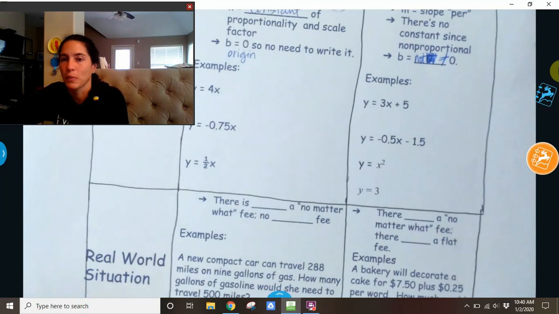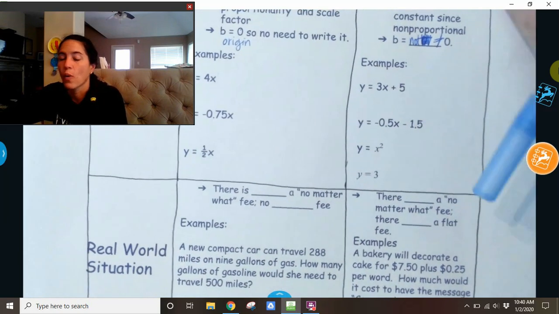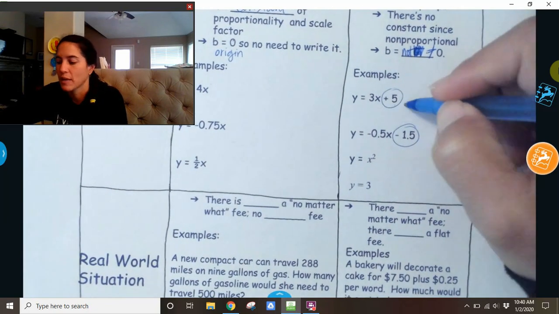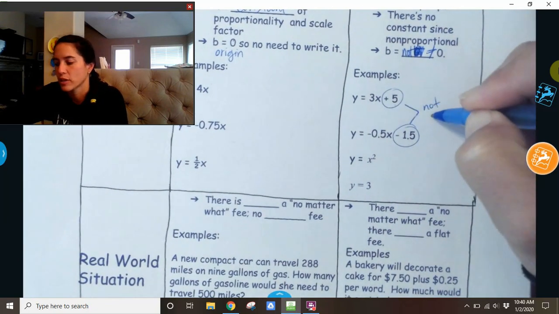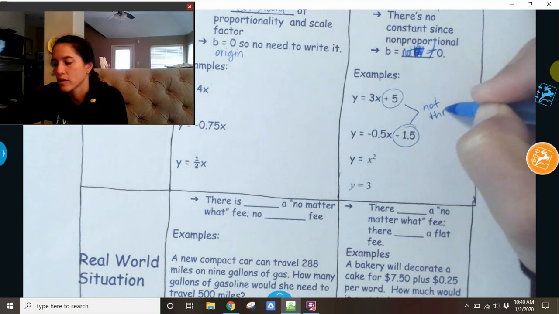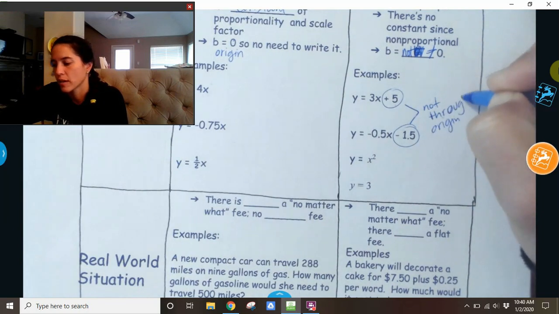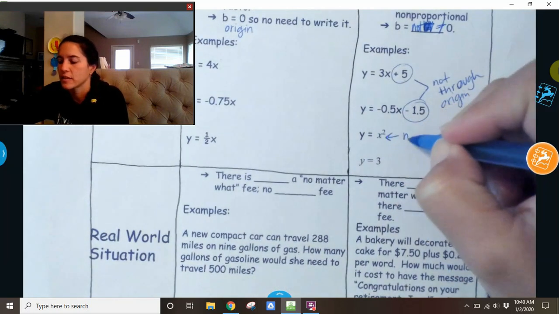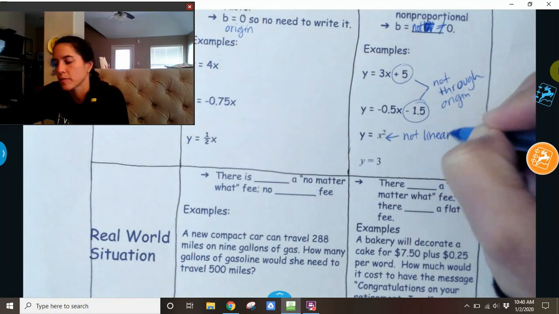So in our examples, we have equations. If it has a plus b or a minus b, that means it doesn't go through the origin. Not through the origin. This one is not linear.